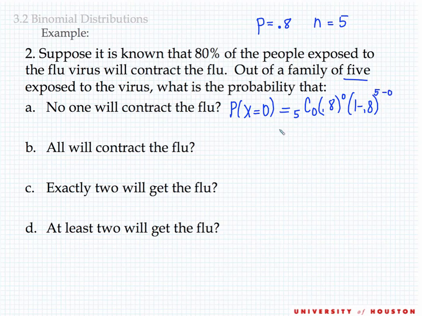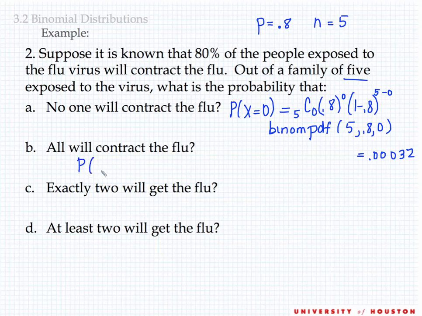If I'm doing this on the calculator, then I'm going to use binomial PDF, and it would be 5, 0.8, and 0 that I'd enter. And this answer is 0.00032.